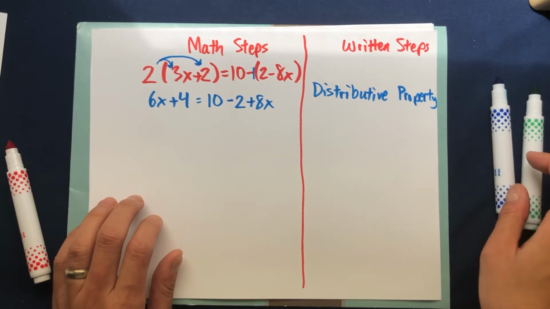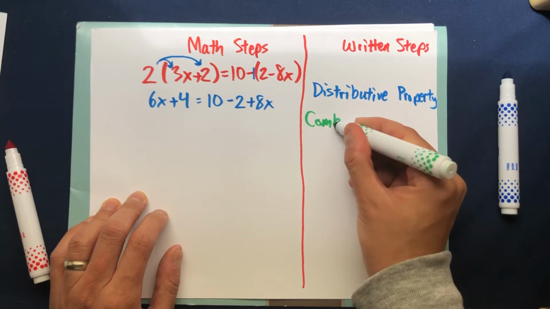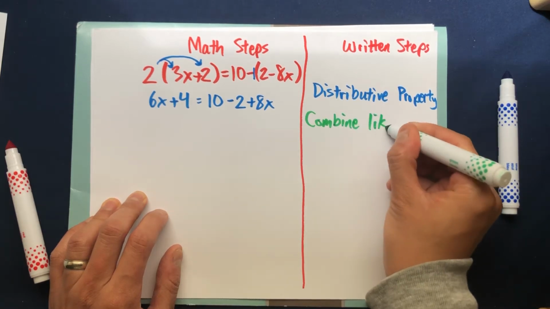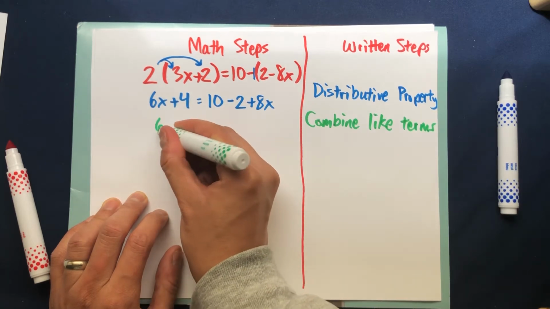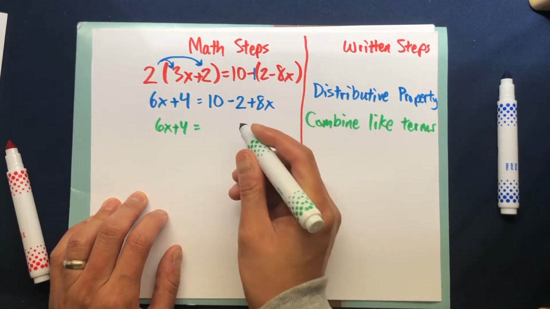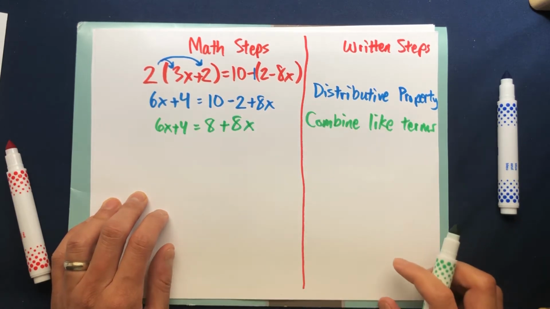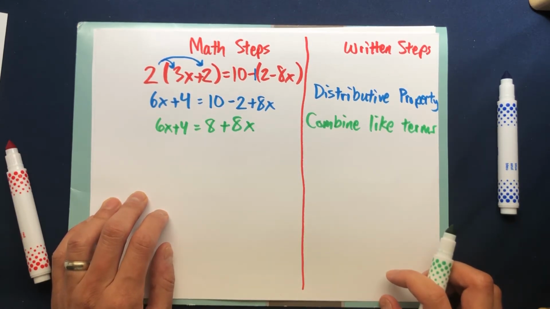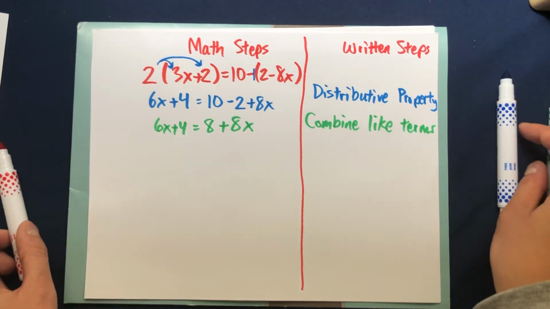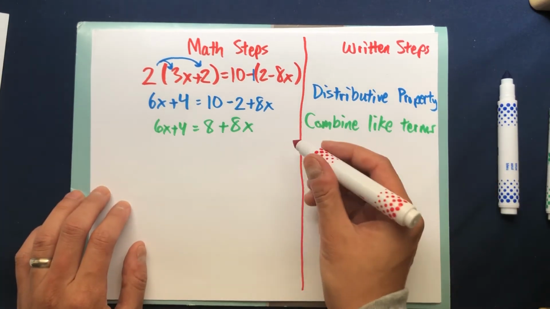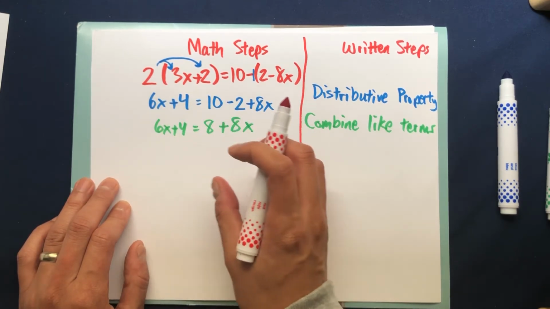Next thing we do is we need to combine like terms. So we have 6x plus 4 equals 8 plus 8x. After that, we are going to try to get variables on one side of the equation and numbers on the other side.